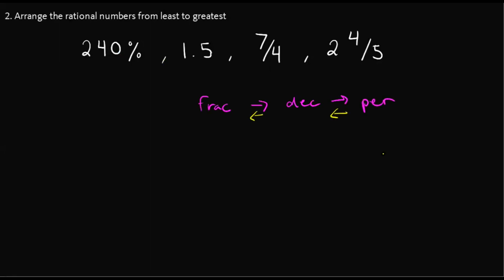So decimal is in the middle. So I personally would prefer that we just convert all of this into decimal instead of converting it to fraction or to percent, since that would add an additional step.